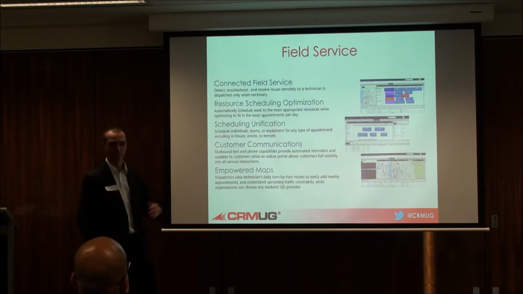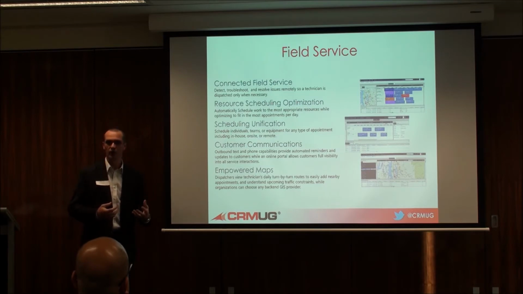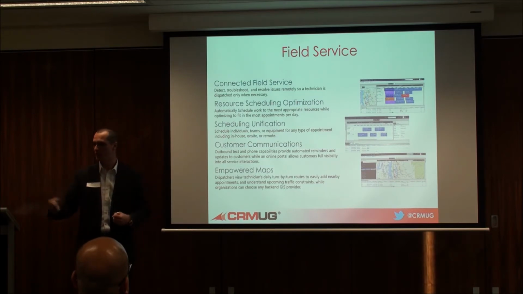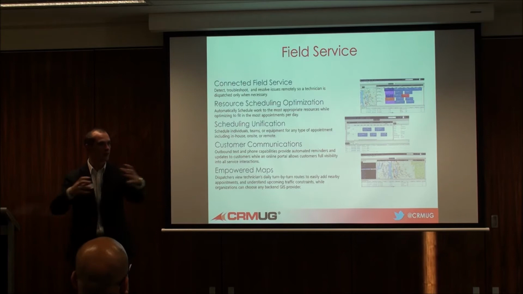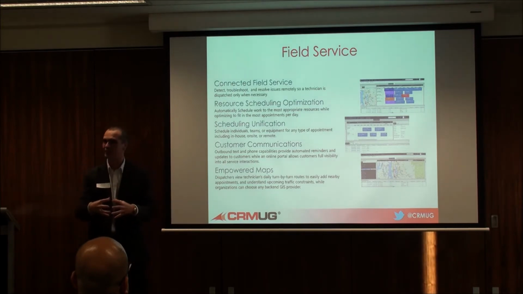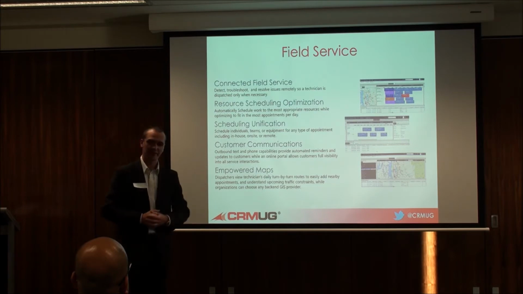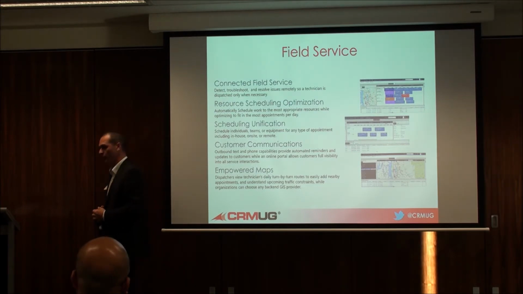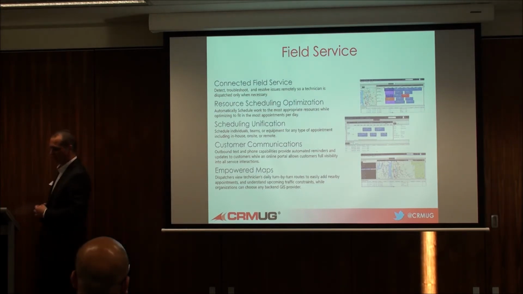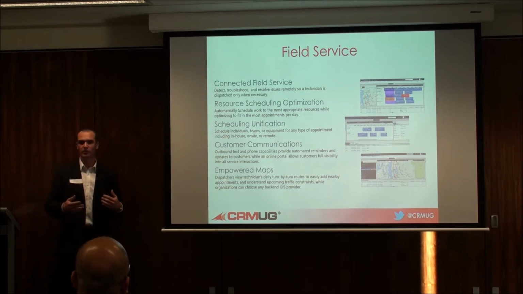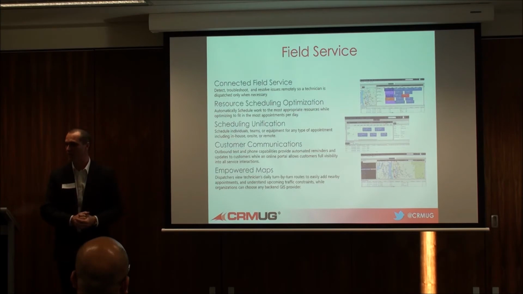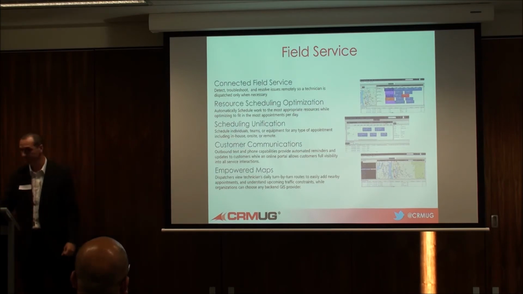We've got resource scheduling optimization, scheduling unification. So currently we've got scheduling for field service, for project service, and just for general CRM stuff. All those three separate engines, we're bringing that all in together into the one environment. But increasing more capabilities around customer communications, and also embedding Power Maps, so that we're able to do things like route based on best traffic and stuff like that.